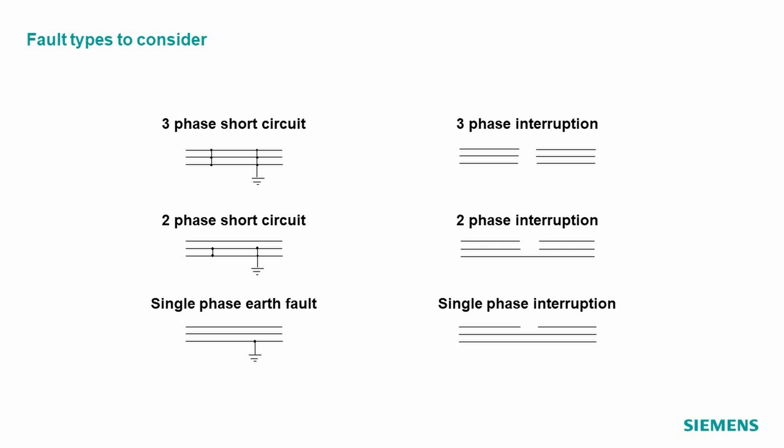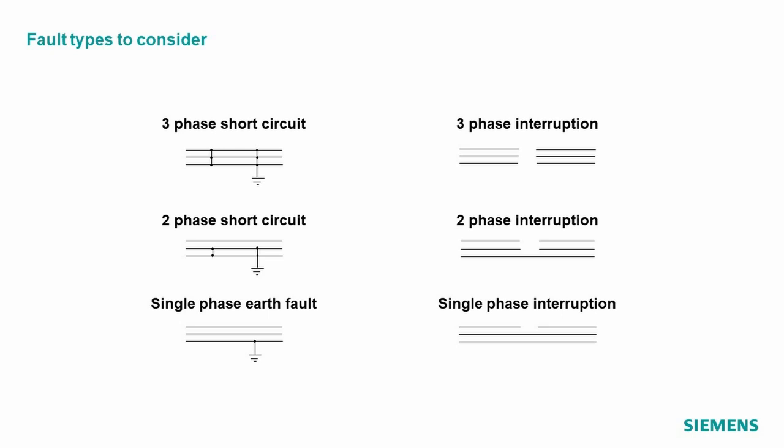On the right-hand side, you also see other types of faults like interruptions. They are not so critical normally. A three-phase interruption means we have no longer transport of energy. The other side is maybe without voltage, but it's not such a critical thing that something explodes.